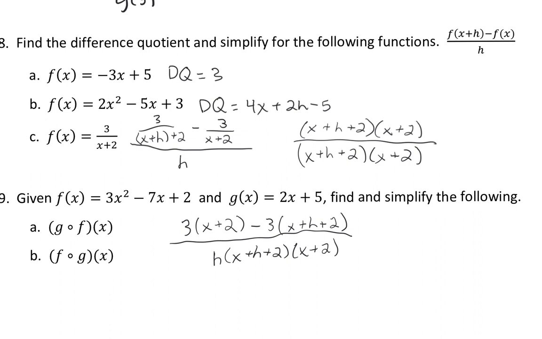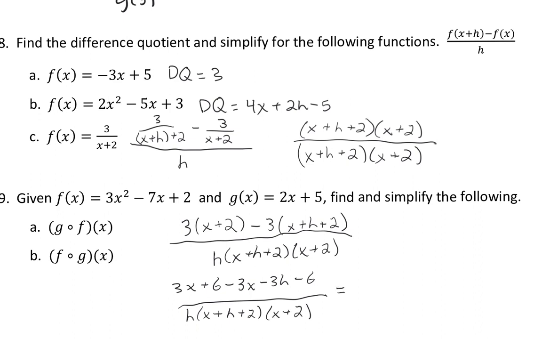And so now let's distribute those 3's on the top. So we'll have 3x plus 6 minus 3x minus 3h minus 6 divided by h times x plus h plus 2 times x plus 2.